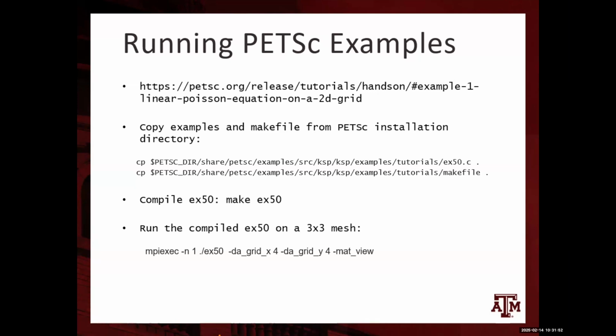We're going to talk about how we can set options; these are runtime options. -da_grid_x 4 means that your DA, your data array, in the X direction has 4 nodes. The data array in the Y direction has 4 nodes, and then you're viewing the matrix.